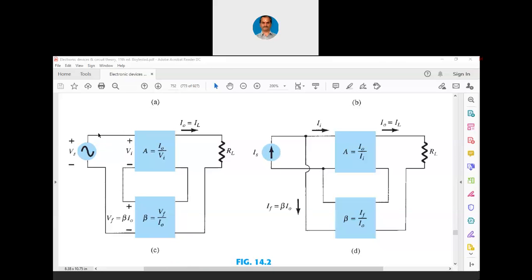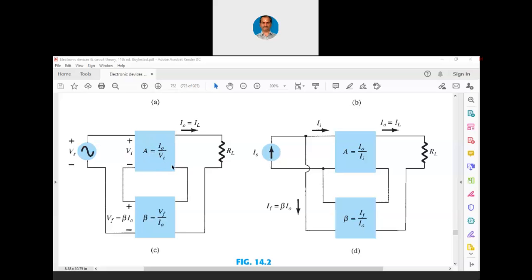Remember, whenever we have series connection at the input, it is voltage source. Whenever we have shunt connection at the input, it is current source. You can easily remember it this way. The reason for the current source I have told you already when I showed you the previous circuit. Now you can come back to the left side circuit and you can see that here A is I naught by Vi, because it is now not a gain, it is like a conductance here.